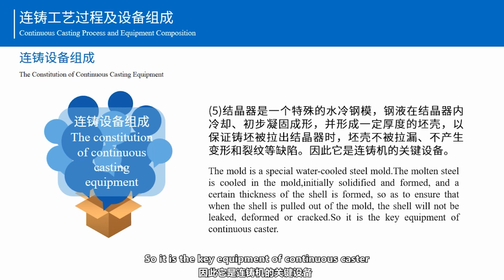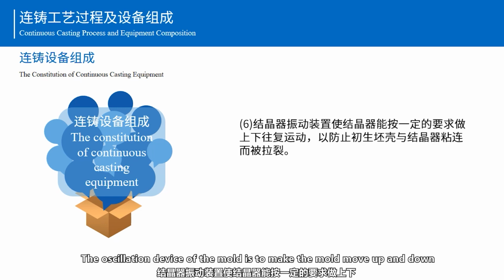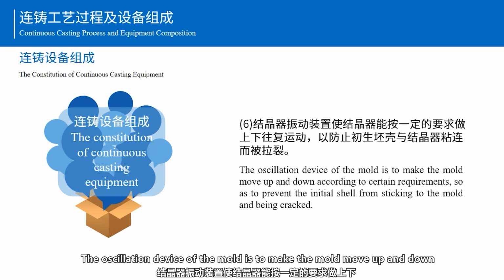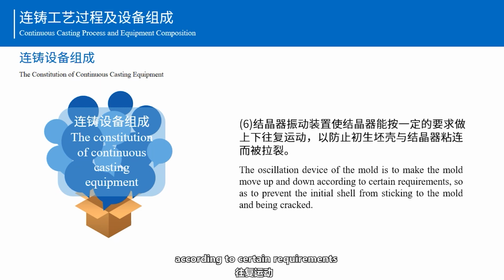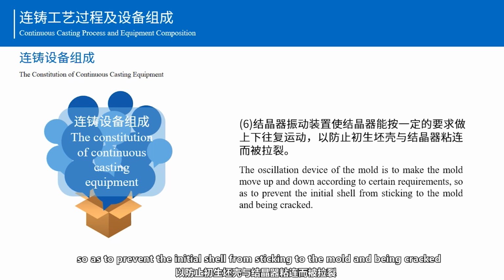So it is a key piece of equipment of the continuous caster. The oscillation device of the mold makes the mold move up and down according to certain requirements, so as to prevent the initial shell from sticking to the mold and cracking.